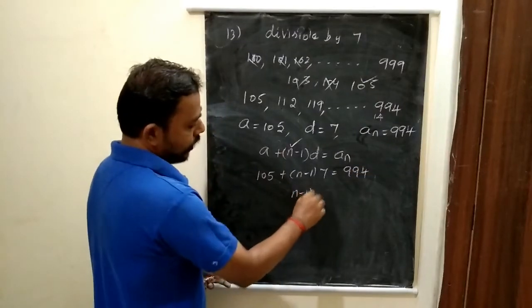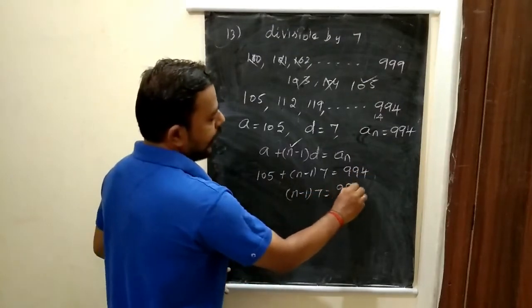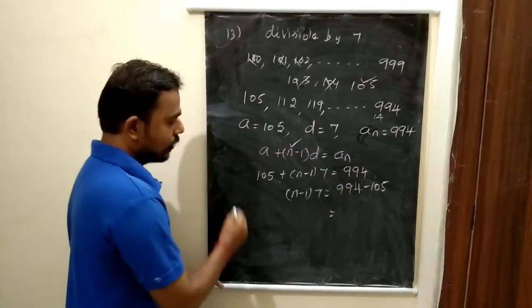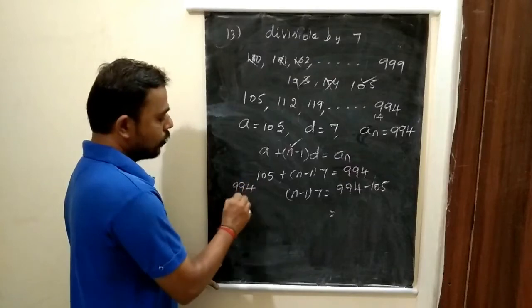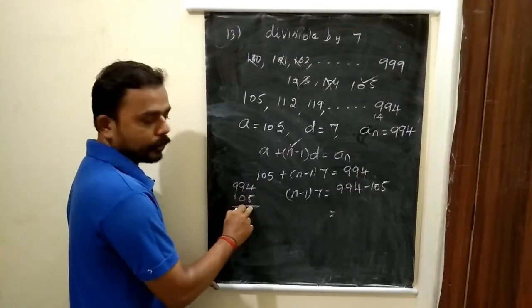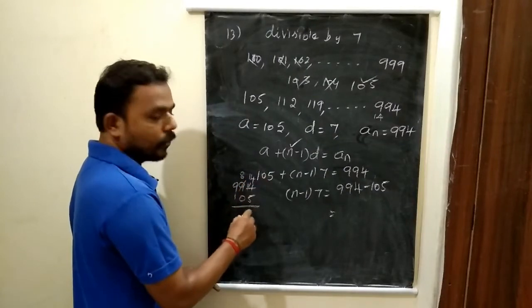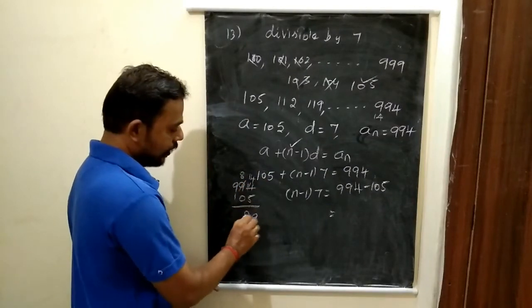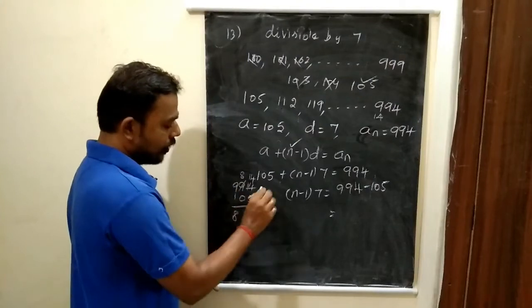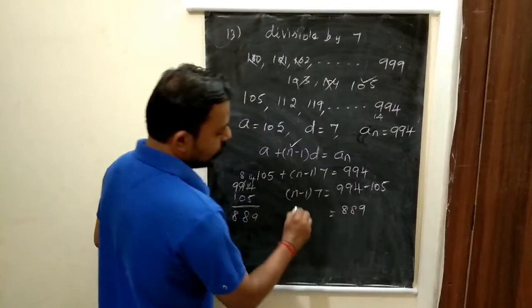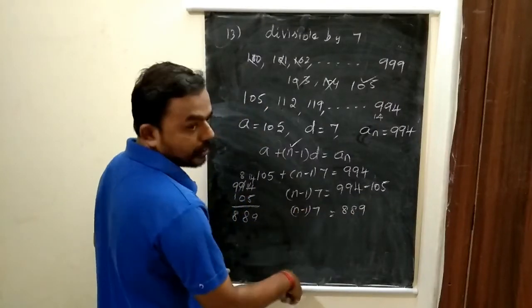So n minus 1 into 7 equal to 994 minus 105. Subtract: 889.